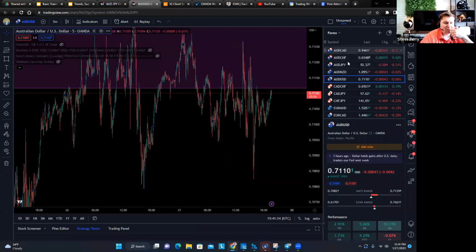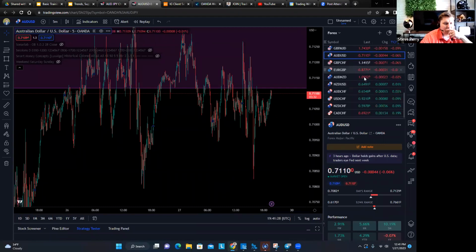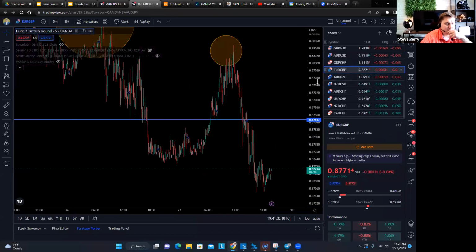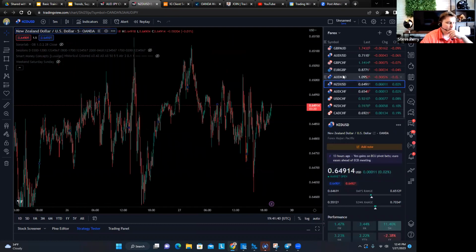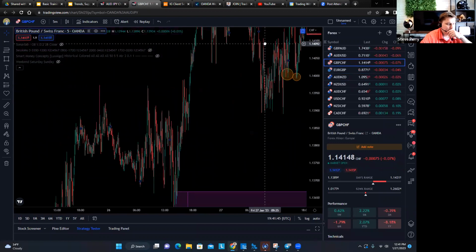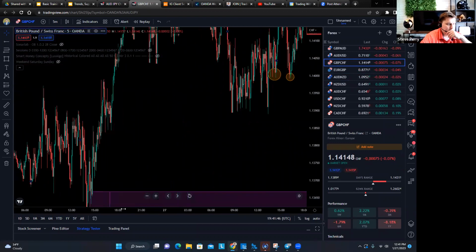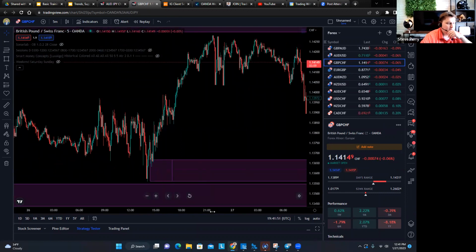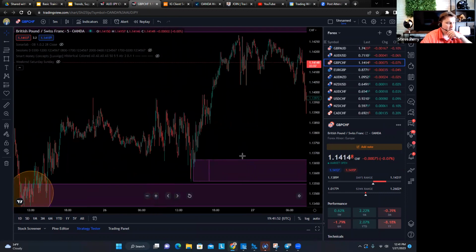What's something that didn't really move a lot today? This one. I want to find something with one of those consolidations I was talking about. Okay, actually, yeah, here you go. Pound franc, actually.